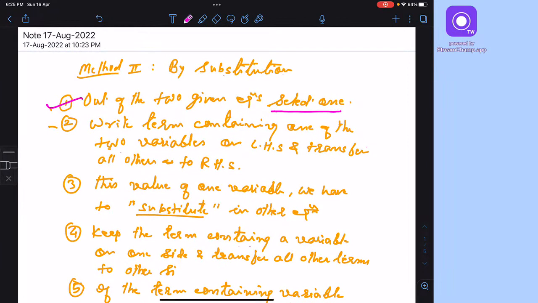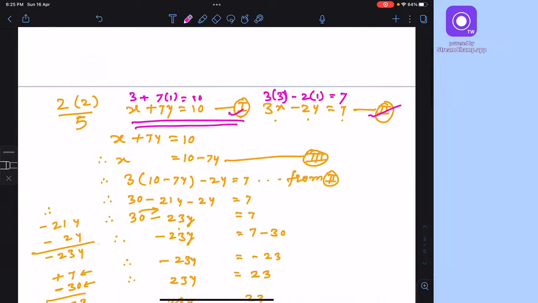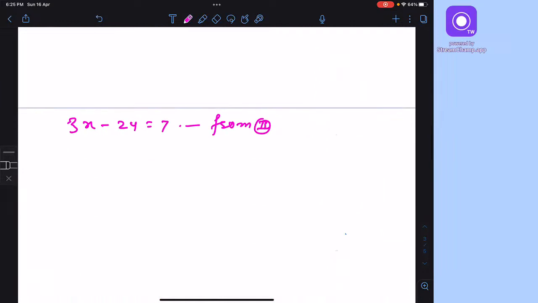Then second is, write the term containing one of the two variables on LHS and transfer all others to RHS. So here I can say that 3x is equal to 7 on the right hand side will remain 7 and minus 2y transposed to the right hand side becomes plus 2y. Okay.